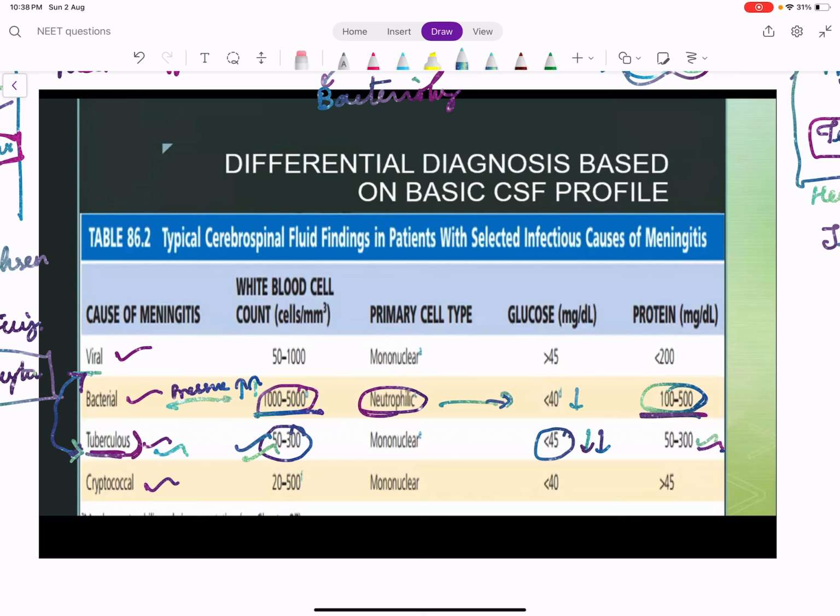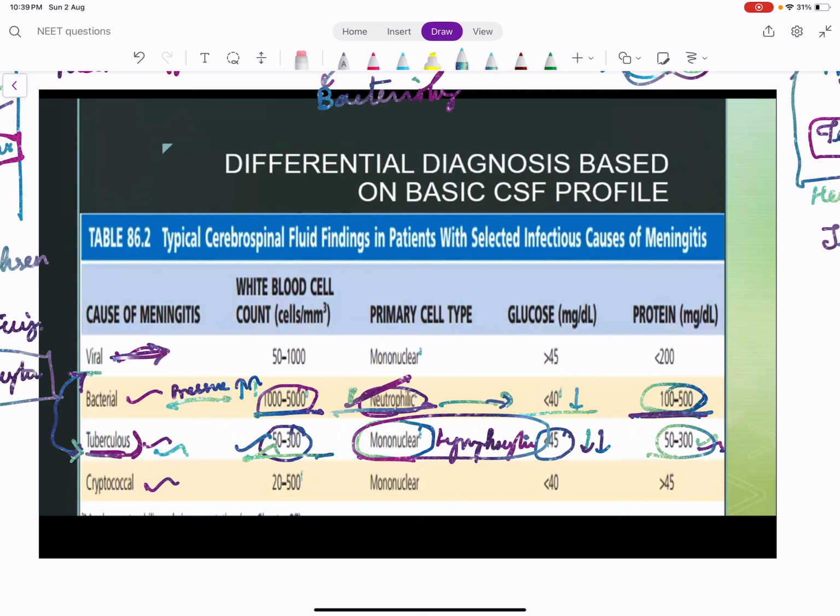What differentiates bacterial from tuberculosis? Bacterial meningitis will have neutrophilic leukocytosis. Tuberculosis will have lymphocytic. So increased opening pressure, high neutrophils, high protein and low glucose is bacterial. High white cell count, lymphocytic predominant, high protein and low glucose is tubercular.